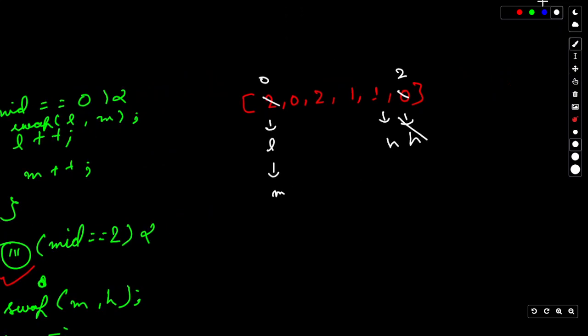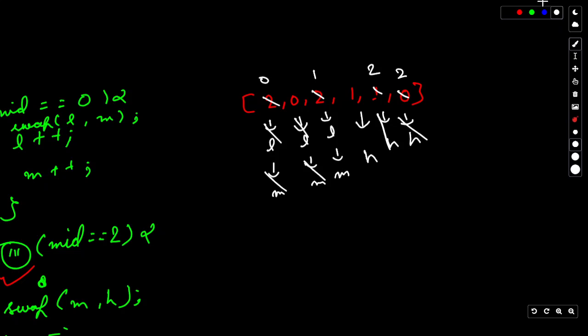So we just increment these two, low and mid. Again the condition is the same, low and mid. Now it's 2, so we'll swap 1 and 2 here and decrement high.